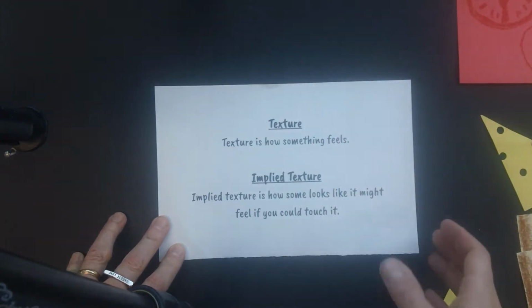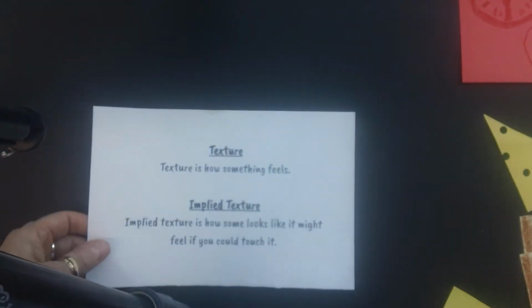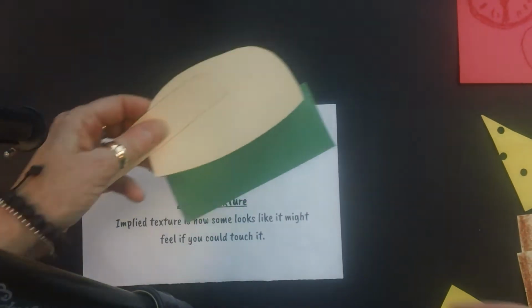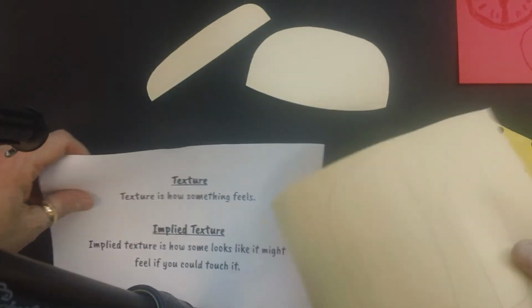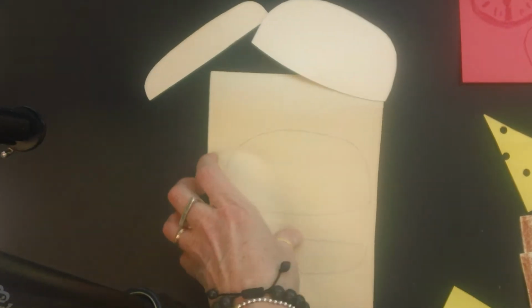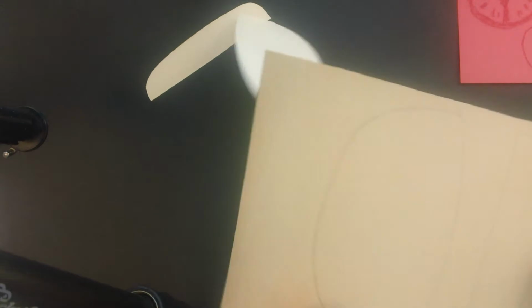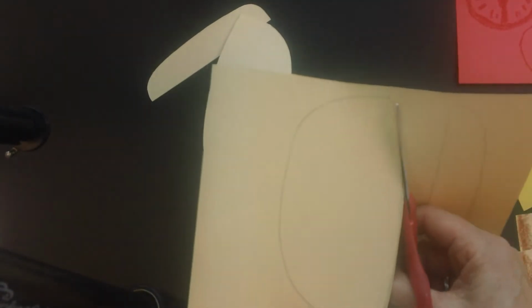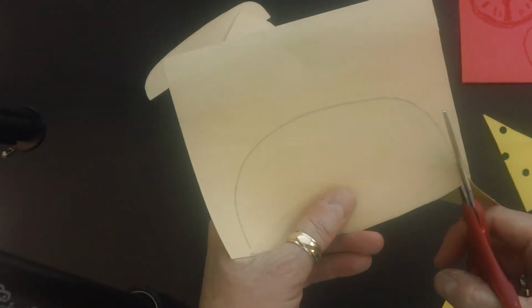All right, let's see how we start. The first thing you're going to do is there's going to be some tracers, and you are going to trace and cut out your top bun and your bottom bun. Now for my, hopefully I can do this quickly for this video.